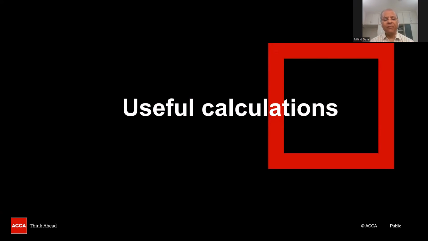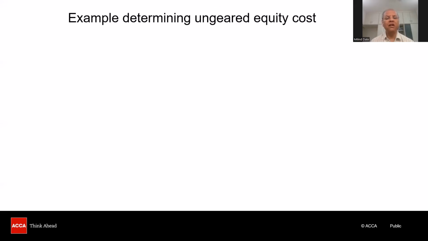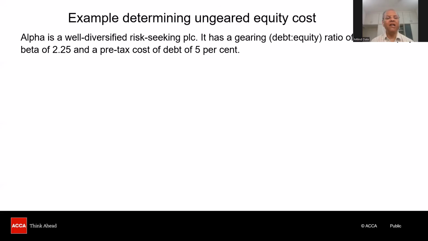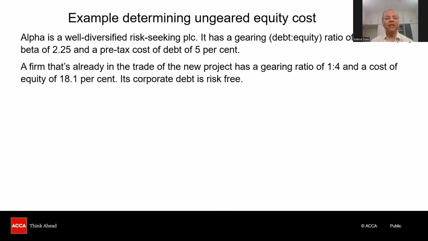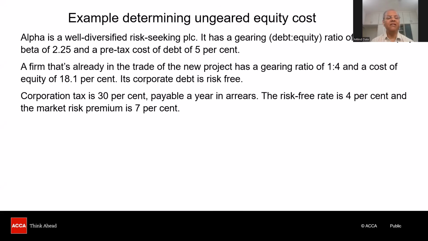I'm showing some useful calculations for calculation of ungeared cost of equity. And this is the information that is available to us. Alpha is a well-diversified risk-seeking company. Its gearing is given, equity beta is given, and a pre-tax cost of debt is given.